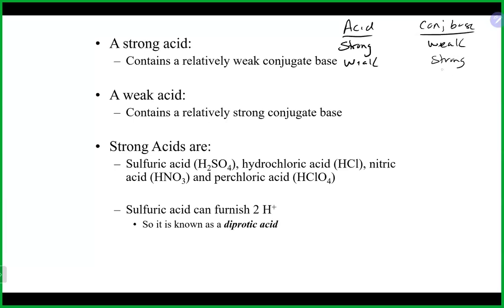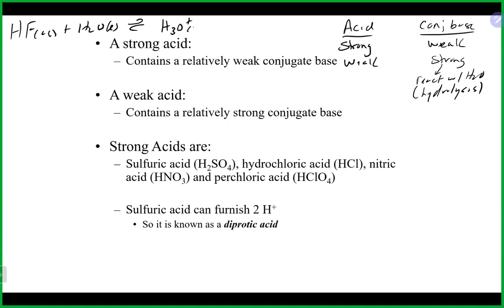What we mean by that is it can actually continue to react with water through a reaction that's known as a hydrolysis reaction. So, for example, if we take HF, which is a weak acid, as we just saw, when it breaks apart, it will break apart into H3O plus and F minus.